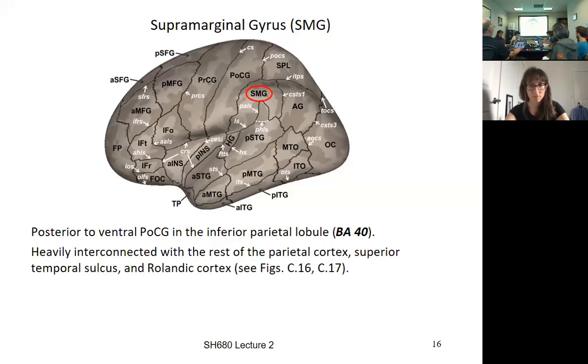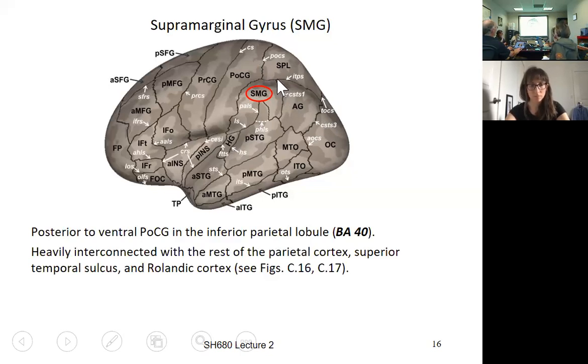It's heavily interconnected with the rest of the parietal cortex, so somatosensory areas in front of it, as well as visual parietal areas back here. This stuff does a lot of visual processing, kind of makes its way up here. And in general, the parietal lobe is thought of as an interface between body sensing spaces and external spaces, such as auditory and visual spaces.